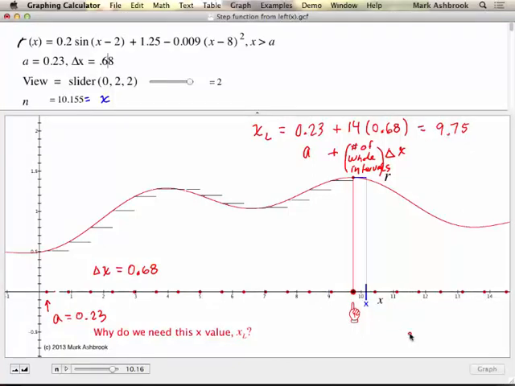Okay, so what is the pretend rate at 10.1? R of 9.75. What's the pretend rate at 10? Still R of 9.75, because it's going to be that same constant rate through this current interval.